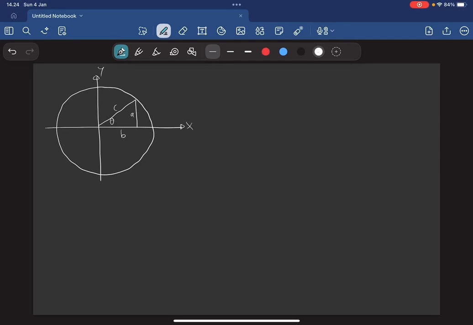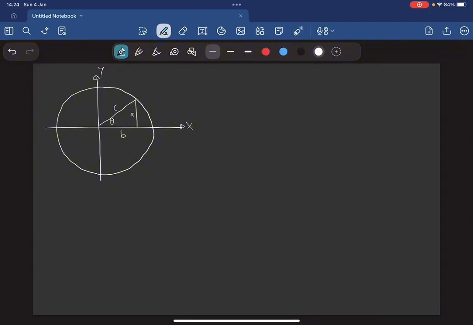Here, the line connecting the center of the circle to any point along its circumference forms the hypotenuse of a right triangle. And the horizontal and vertical components of the point are the base and altitude of the triangle.